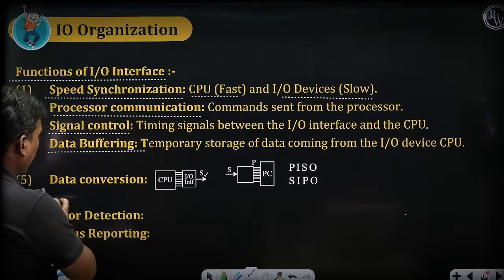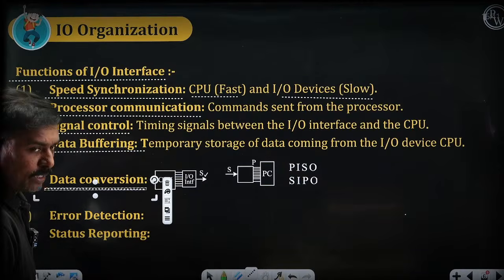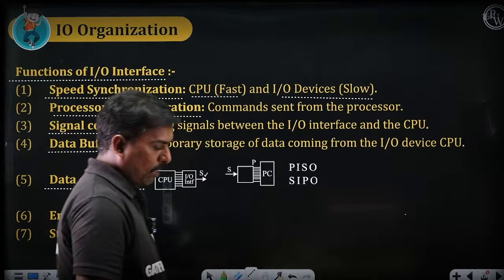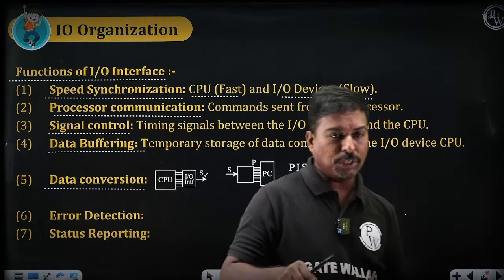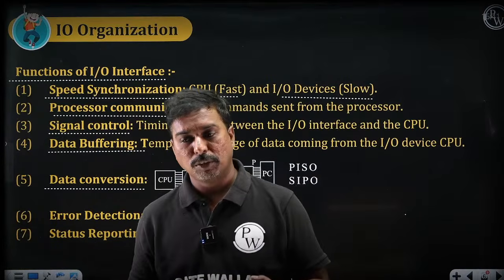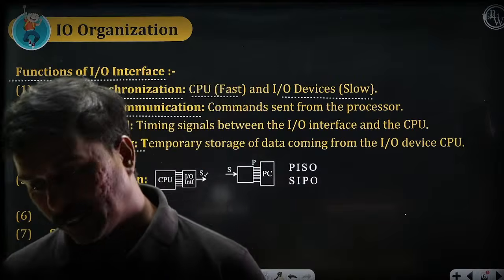Data conversions. See how the data has to be converted. Why? Because you are sending 1, 2, 3, 4, but inside the system it is going to take an ASCII code. Am I right?